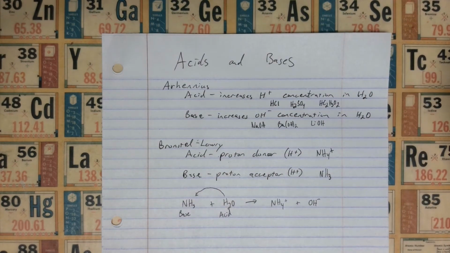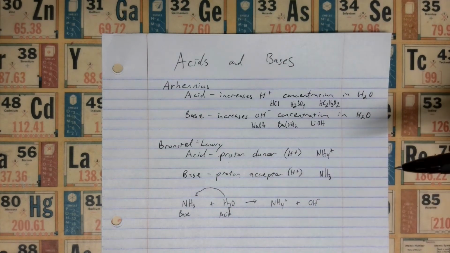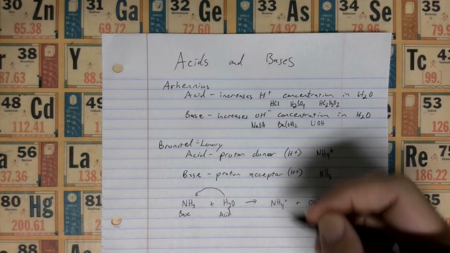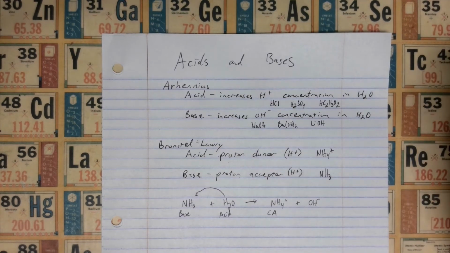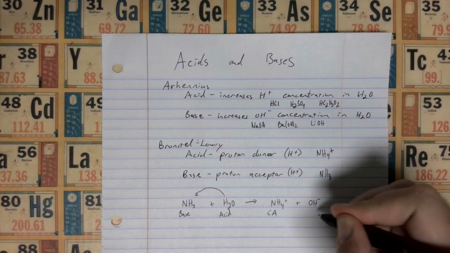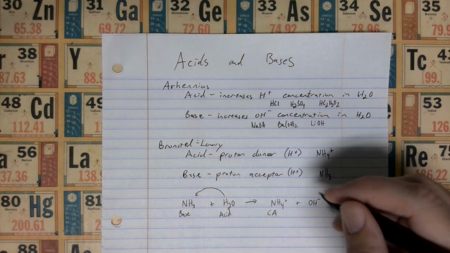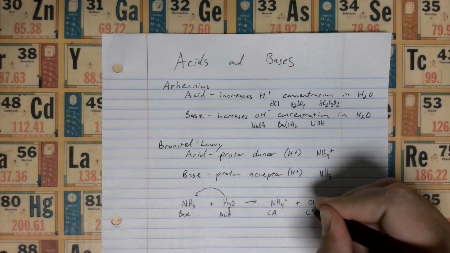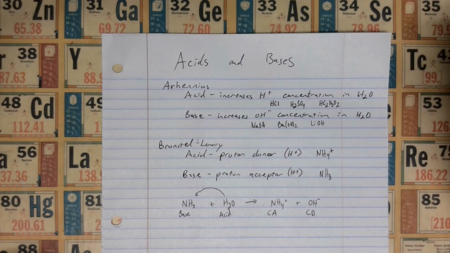So what would NH4 plus be considered? The base turns into the conjugate acid after it gains its proton, so NH4 plus is the conjugate acid. And when the acid donates its proton, whatever's left becomes the conjugate base, so the hydroxide is the conjugate base.